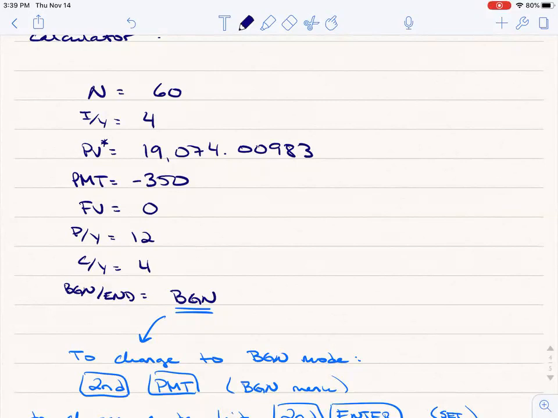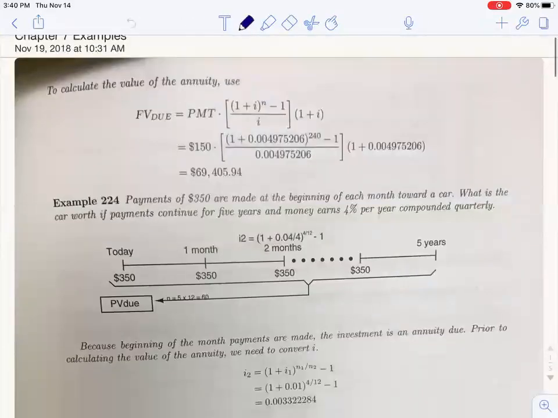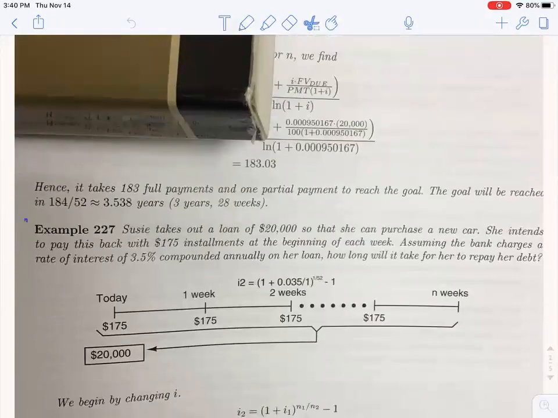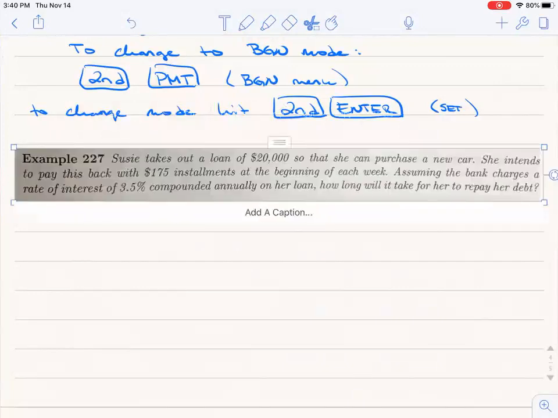Let's do example 227. Susie takes out a loan of $20,000 so that she can purchase a new car.